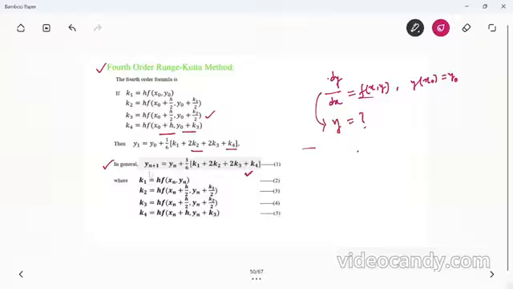If this is our formula, for n equals 0 we are getting y1 equals y0 plus k, where y0 is known to us. Actually, k is written as 1/6 (k1 plus 2k2 plus 2k3 plus k4).